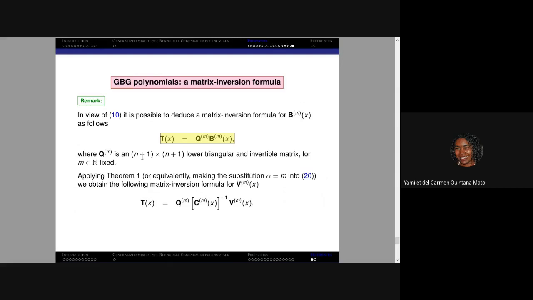And then applying theorem 1, or equivalently making the substitution alpha equal to m in the previous relation, we obtain another matrix inversion formula for this case.